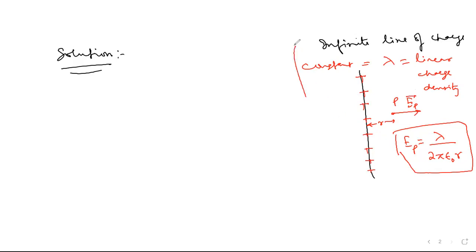So let us move now to our problem. In our case, we have a line. Let me use some different color. I have a line which is not infinite in extent, but is finite.